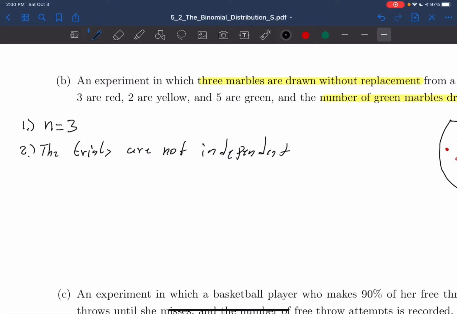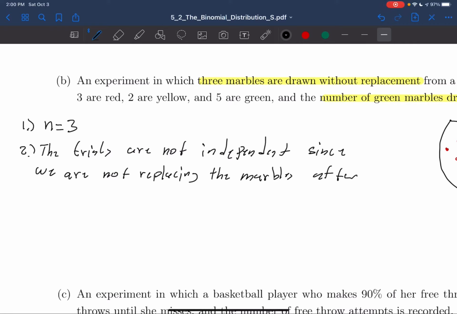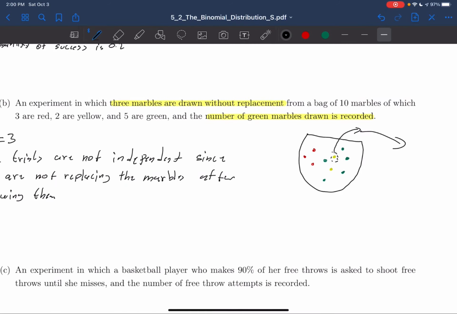Since we are not replacing the marbles after drawing them, right? Because each trial does influence the next trial. If I were to pick green on the first trial, then there will be fewer green marbles on the next trial.